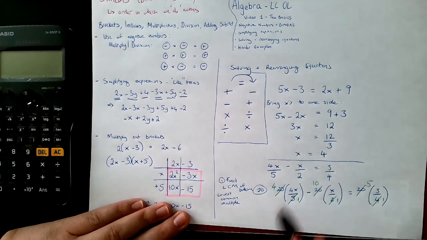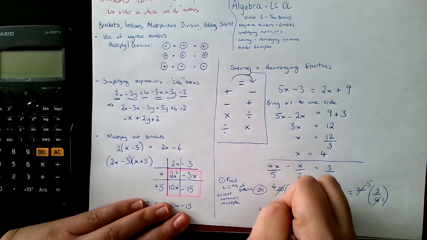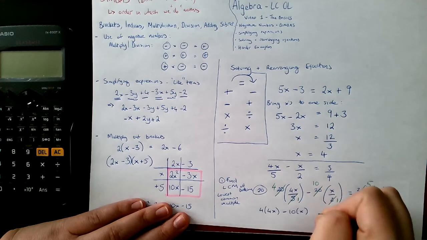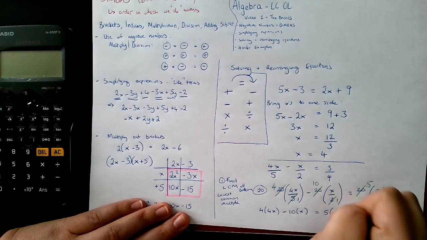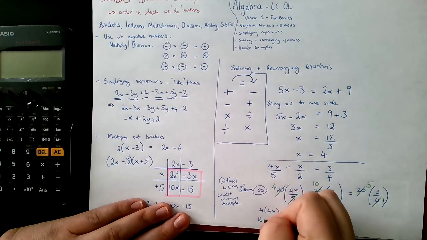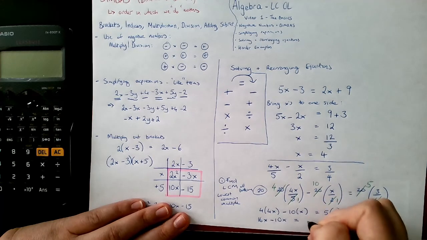So we can rewrite our equation. We're left with 4 multiplied by 4x, minus 10 multiplied by x, is equal to 5 multiplied by 3. So we have 16x minus 10x is equal to 15.